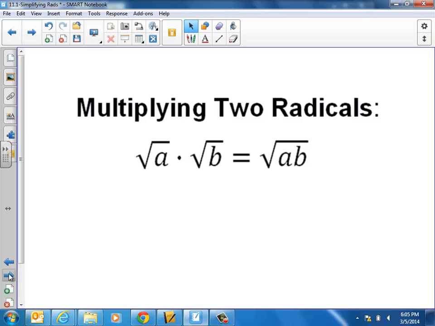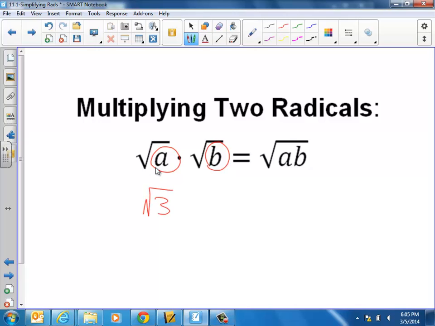All right, so let's get started with this. First thing that we need to be comfortable with is that when you multiply two radicals together, you can multiply the radicands. Remember that term from last unit? That's the thing under the radical. So for instance, if I have radical 3 times radical 3, note both of which are prime numbers under the radical, both are prime radicands.